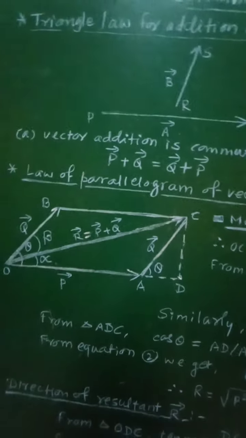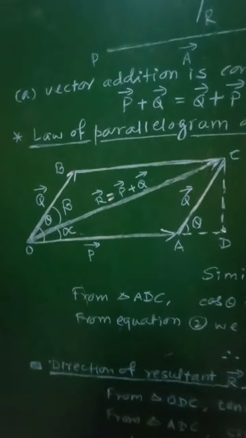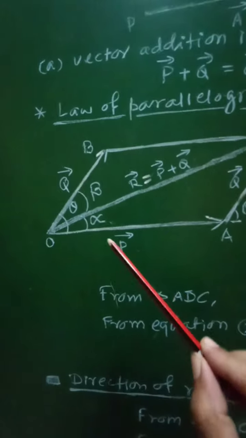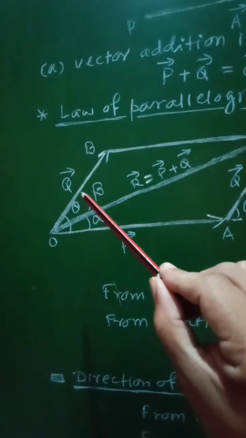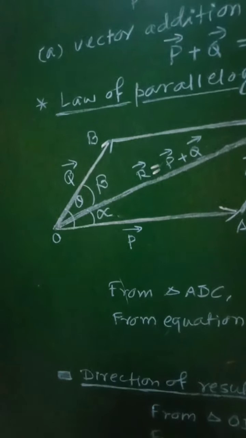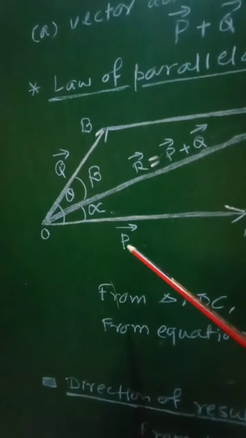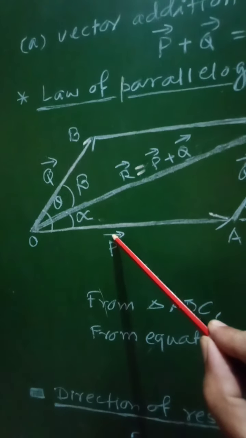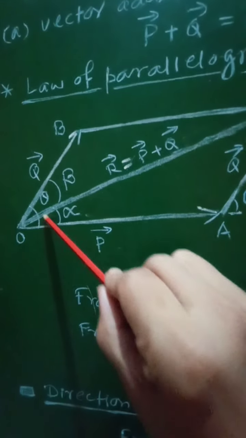That is, in this diagram, OA will represent vector P and OB will represent vector Q. These two sides are considered as two vectors, and they are two adjacent sides of the parallelogram, inclined by angle theta.